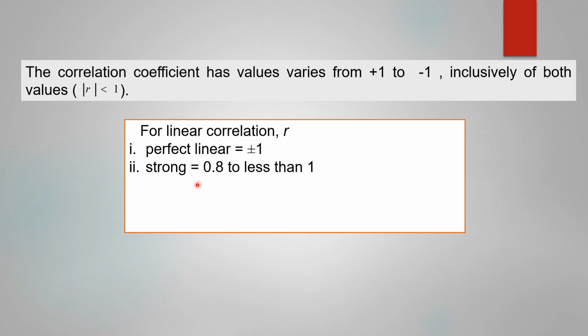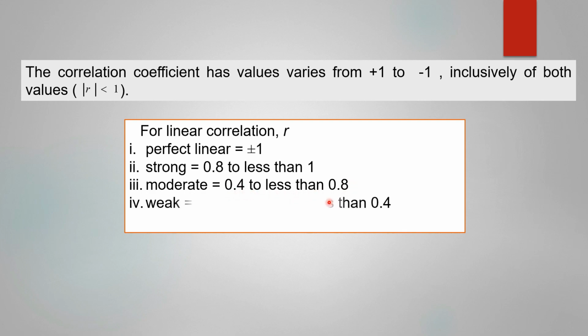We say the relationship between X and Y is strong if the value is 0.8 to less than 1. For moderate, the value is 0.4 to less than 0.8. For a weak relationship, the value is more than 0 and less than 0.4. Lastly, if the value is 0, it means that X and Y have no relationship.